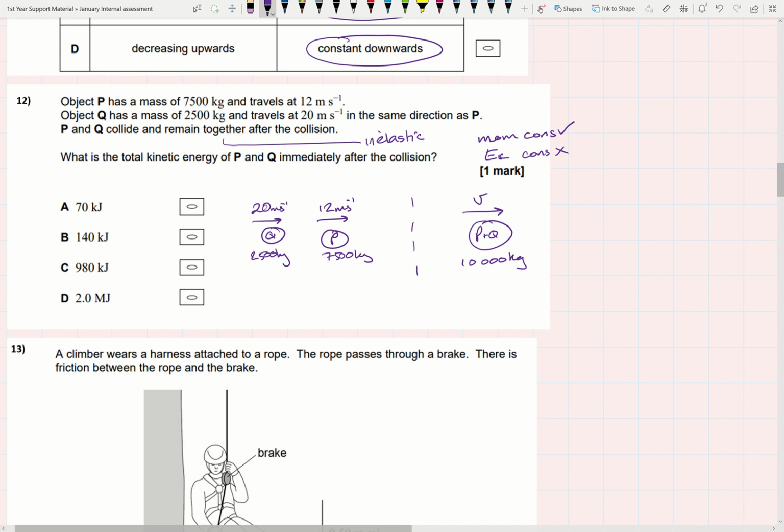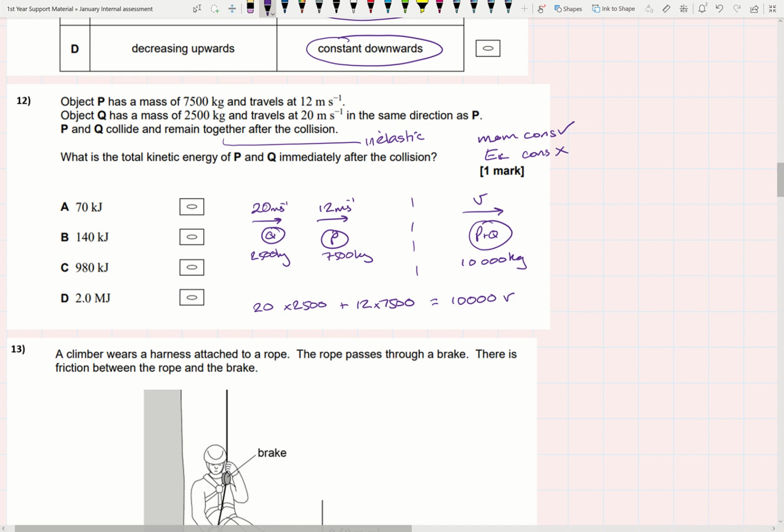So I'm going to do 20 times 2,500 plus 12 times 7,500. I don't need any brackets there because of BIDMAS. And then I'm going to have 10,000 times V. So I'm going to put this into my calculator.